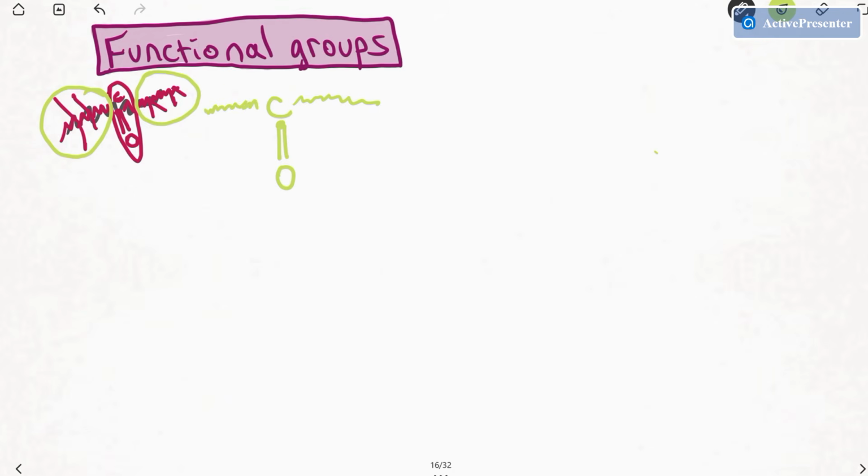So the rest of the molecule, we're just going to write R. Then we're going to go C, which is double bonded to oxygen, and then we're going to have another single bond to another R, and we're just going to put a little prime there just to differentiate between this R and this R, because they're two different parts of the molecule, so they're not going to be identical. If they're identical, then we just write R, R, like that. But they don't have to be identical. So we put this little prime here to show that these can be two different sections of the rest of the molecule.